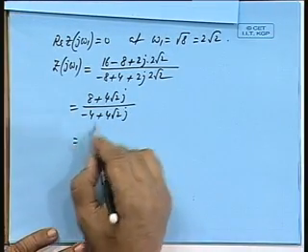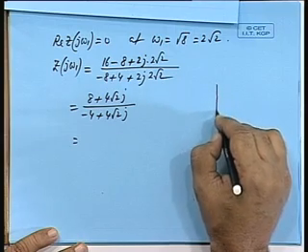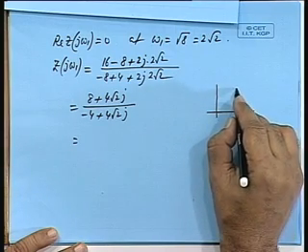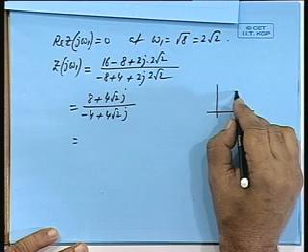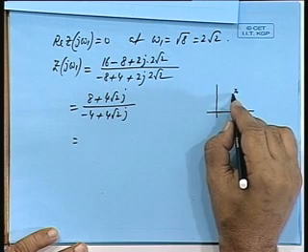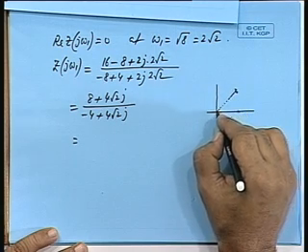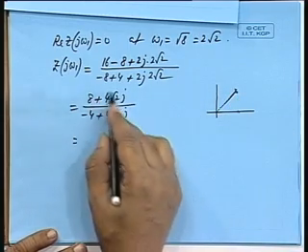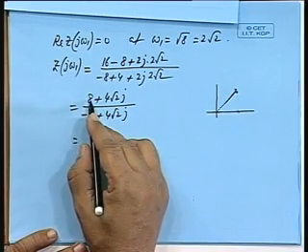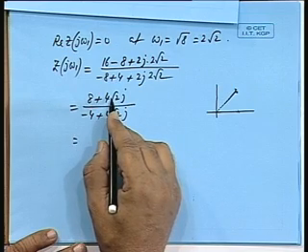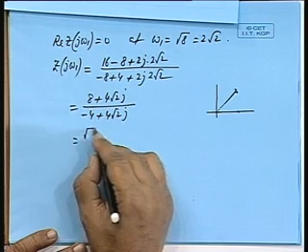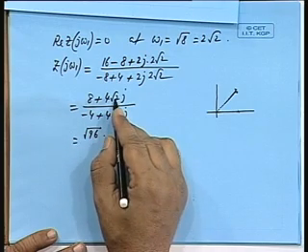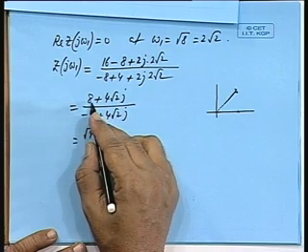Now, you can see for yourself, 8 plus 4 root 2 j, how much is the magnitude? 8 8s are 64 plus 32, 96, square root of 96, tan inverse 1 by root 2.